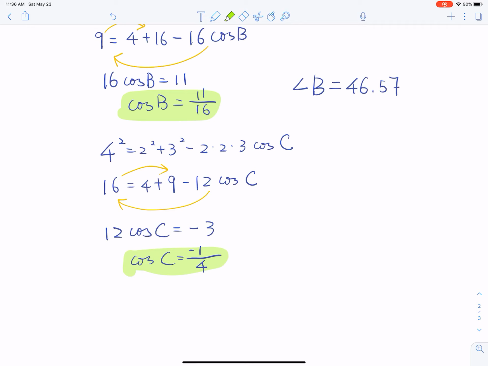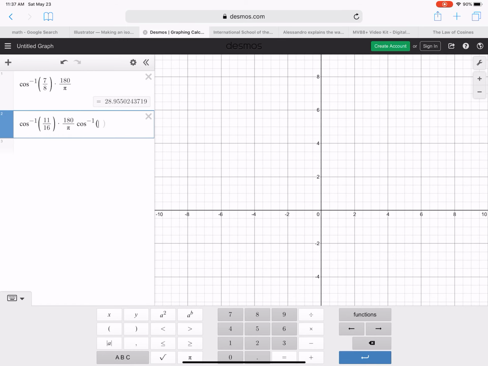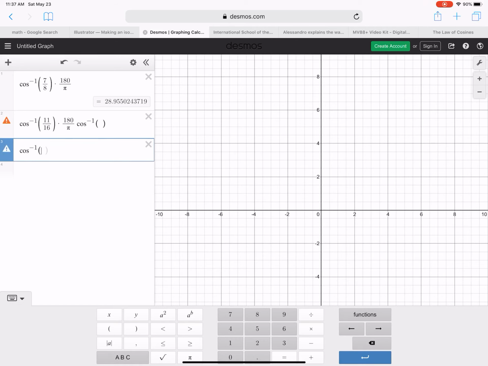Okay, so angle C. We go back to decimals. Inverse cosine function of negative 1 over 4 times 180 divided by pi.